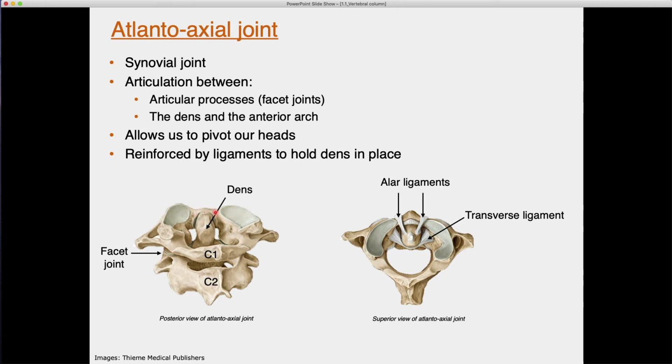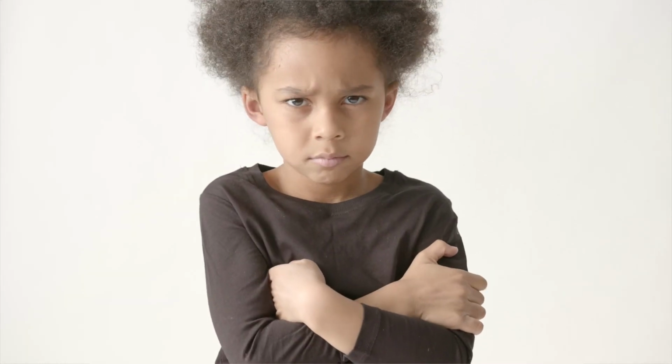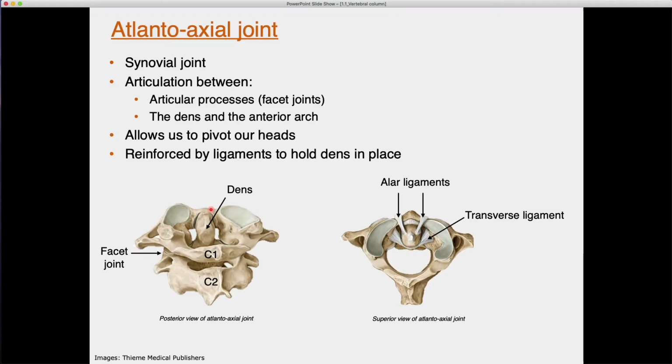This atlantoaxial joint allows us to pivot our heads as if we were saying no. Of course, this is held in place by ligaments. We have the transverse ligament and the alar ligaments, which are essentially preventing posterior dislocation of the axis or anterior dislocation of the atlas.